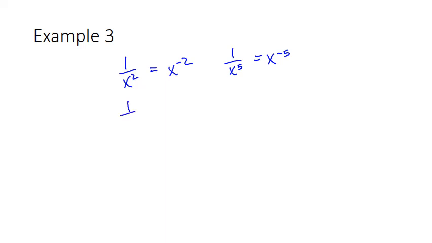If we have 1 over x to the 4th power, this means x to the negative 4th. So what would 1 over x to the 7th power mean? It will mean x to the negative 7th. So anytime we see our expression in the denominator, what it really means is that we're dealing with a negative power.